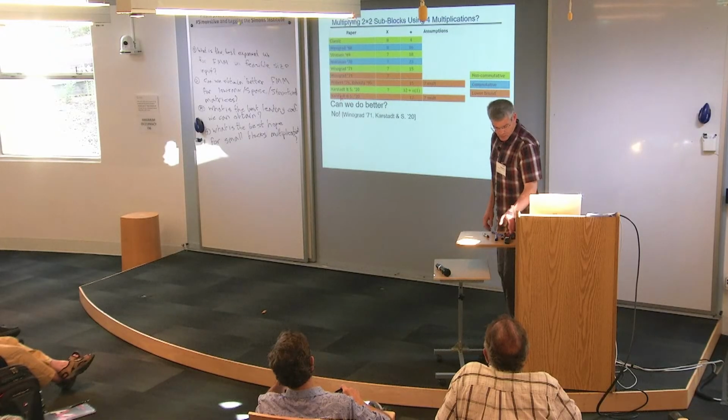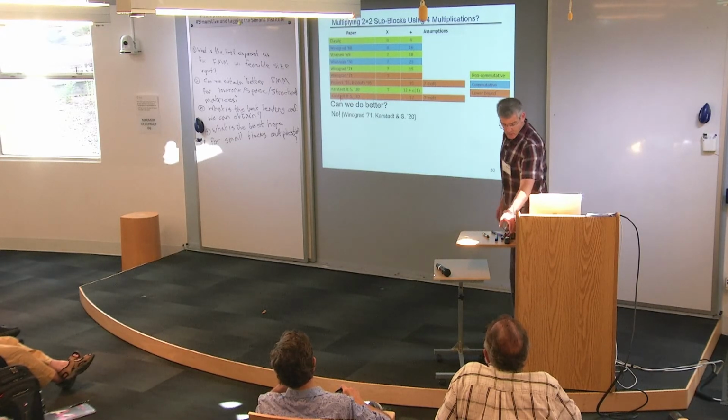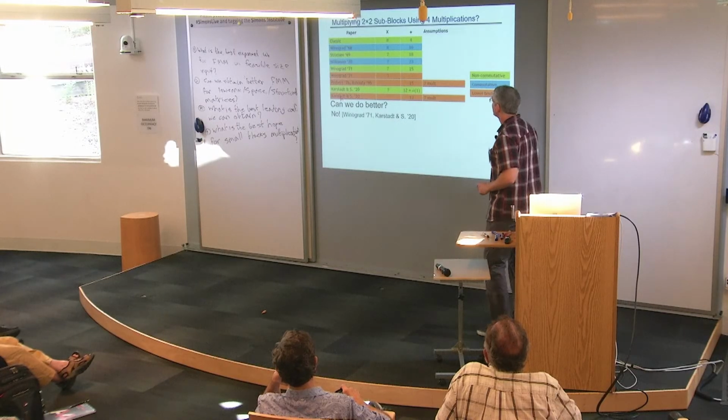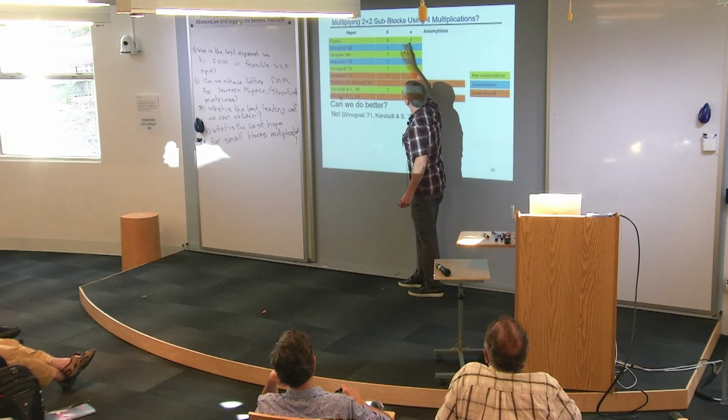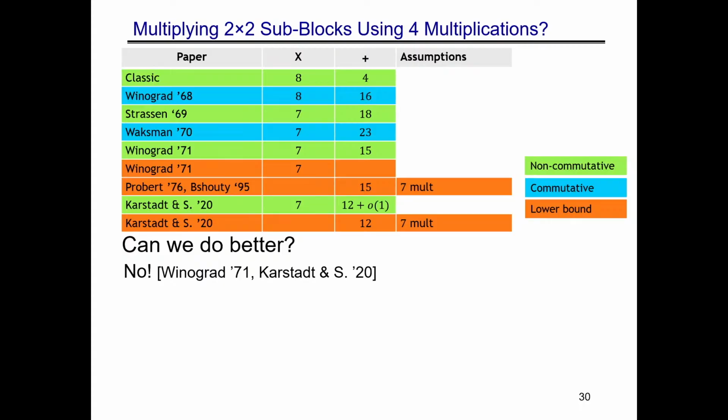So let me remind one work in this direction. The classical algorithm requires 8 multiplications and 4 additions. And Strassen reduced the number of multiplications to 7 while increasing the linear operations to 18. And then Karstadt showed 7 multiplications with, let's call it, amortized linear cost of 12, because there's also the low overhead of change of bases.